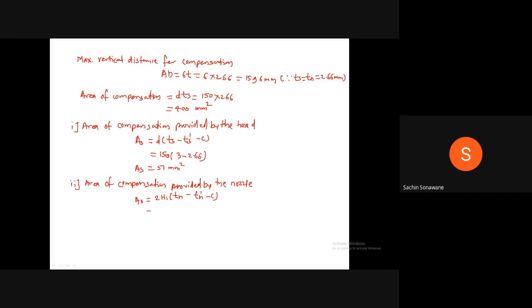Therefore, H1 is given by 2 into 2.5 into 3 into 3 minus 0.189. Therefore, A naught is equal to 42 mm square.